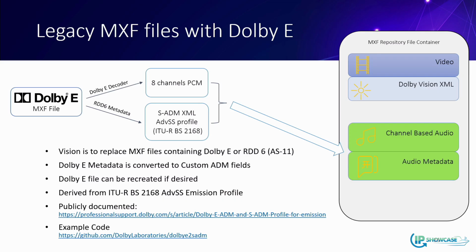So this provides a solution for that. It's not something we're licensing. It's publicly available. There is code on GitHub to do it. All the information that you need to implement it is freely available. There's no licensing program associated with this.